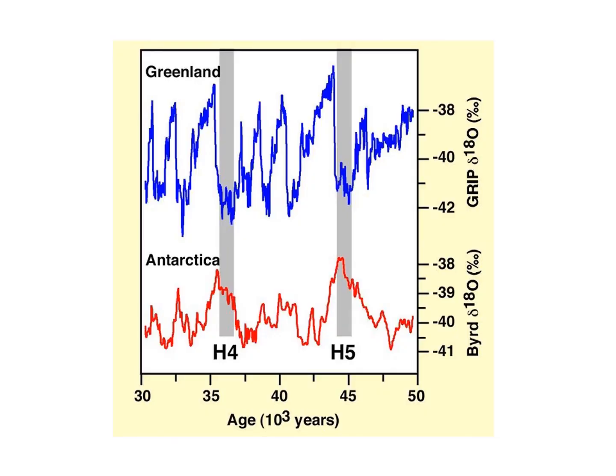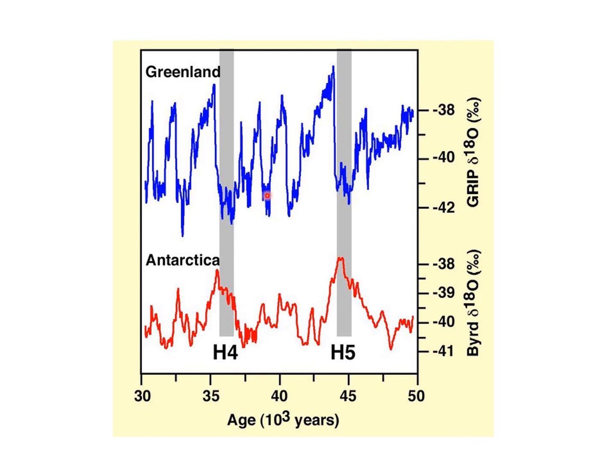So this is zooming in on a period in the last glacial, where we've now got a core from Antarctica, and this is a core from Greenland. The way these isotopes are working, cold is down and warm is up. So we've got these gradual coolings and rapid warmings in Greenland.